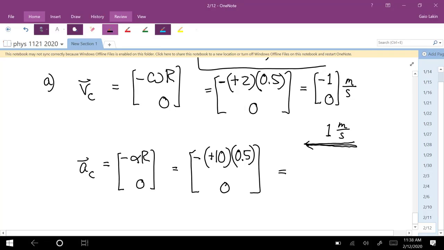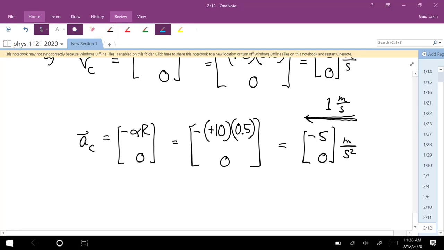So we get an acceleration of the center of the wheel of negative 5, 0. And this is meters per second squared. And so you could also think of this as a vector in this direction with a magnitude of 5 meters per second squared.